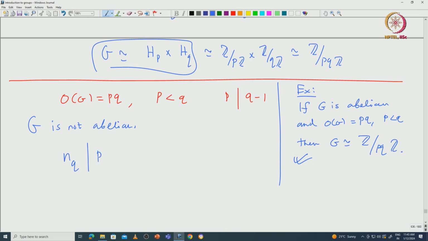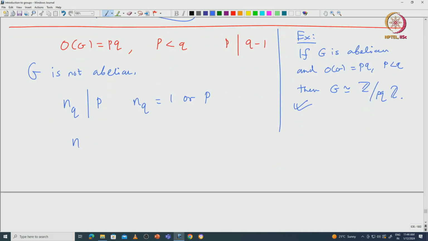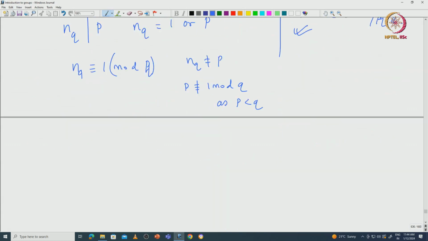This NQ should divide P, that forces NQ to be either 1 or P. So these are the two possibilities, and NQ must be congruent to 1 modulo Q. So that means NQ cannot be P, because then P is congruent to 1 modulo Q, but P is less than Q. So it is very similar reasoning to what we gave earlier. So that shows that this NQ is forced to be 1.